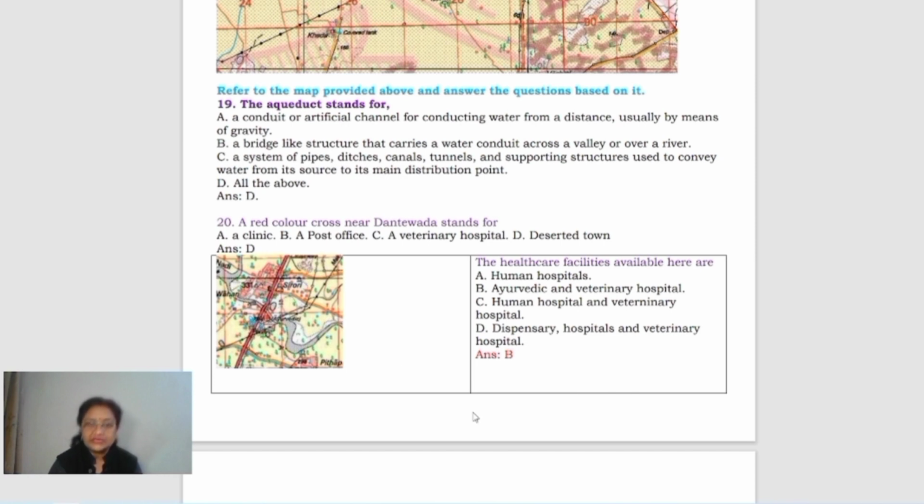That indicates that this particular place, Sirori, has got a dispensary. Not dispensary, you can say a hospital, right? Both the types of hospitals are there, Ayurvedic as well as veterinary hospital. Ayurvedic, can you see this? Ayurvedic is written in bracket. So it's Ayurvedic as well as veterinary hospital. So B option is the correct one.